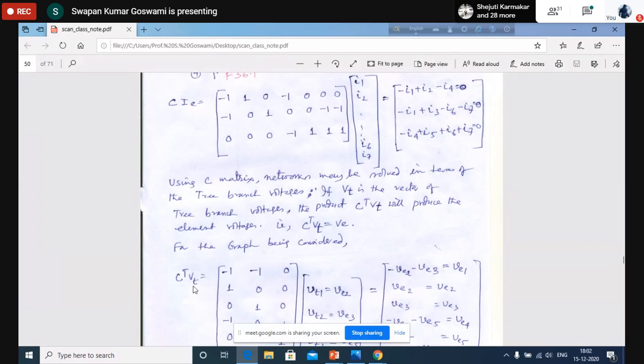That means the matrix may be utilized in writing KCL, in solving the network using branch frame of reference, and then expressing the element voltages in terms of the 3 branch voltages. So this is how these A, B, and C matrices we can utilize to solve the network equations in writing Kirchhoff's current law and voltage law, and expressing relations between different variables of the network.